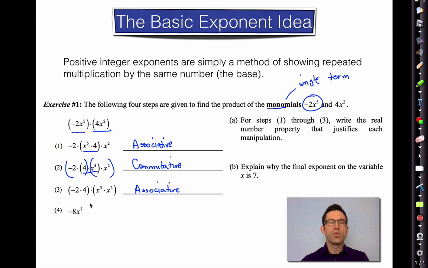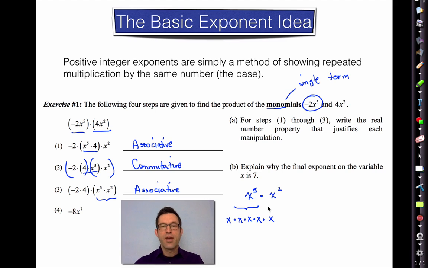Well, the final question was, why is it that the final exponent is to the seventh? Well, that really just comes from what exponents are, right? X to the fifth, written as what's known as an extended product, is 5 x's multiplying each other. X to the second is 2 x's multiplying each other.